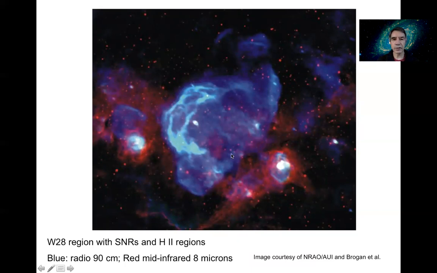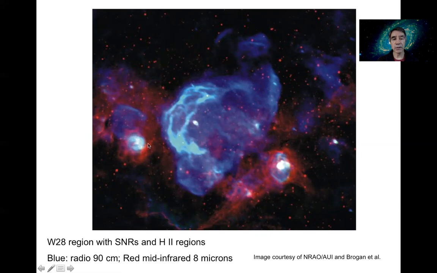It's not a perfect bubble, but you can see a bubble of synchrotron emission in the center of the image, which doesn't have any of the red emission associated with it. So that's a supernova remnant. But this emission here is an H2 region. This is a bubble of H2 region emission, and it's surrounded by infrared emission.